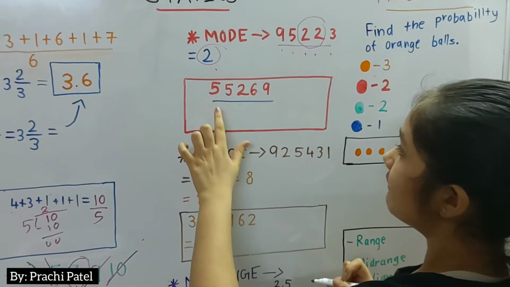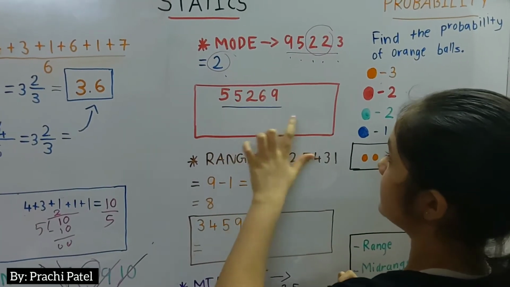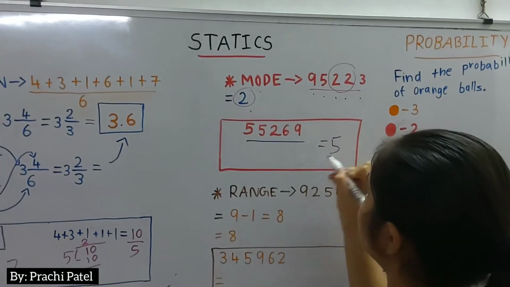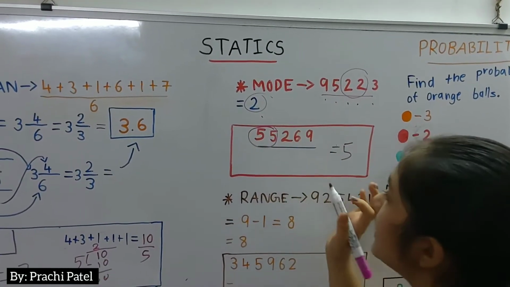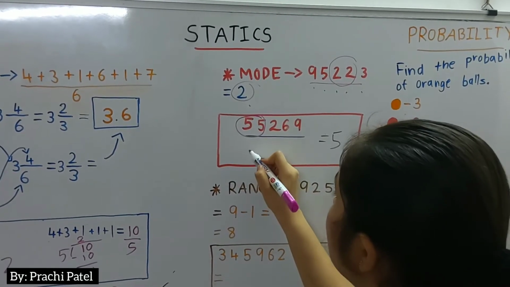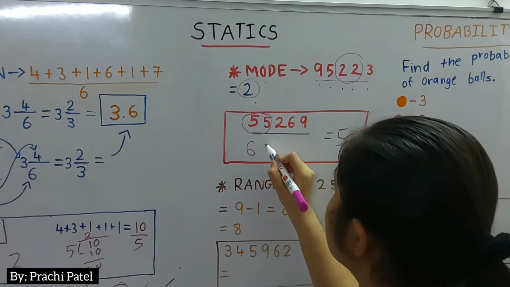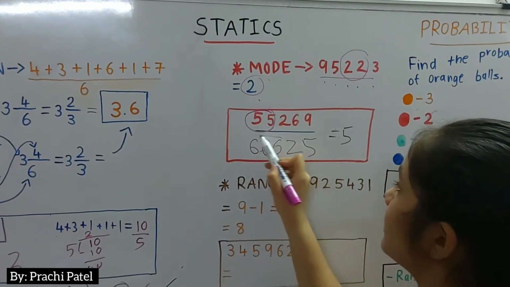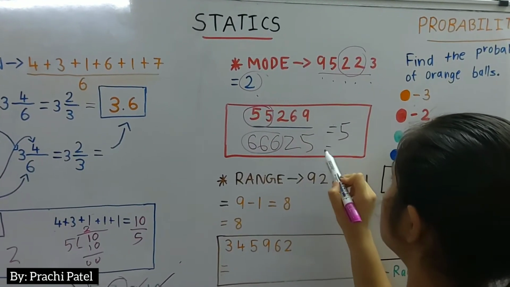Over here we have 5 5 2 6 9. In this number our mode is 5 because 5 is coming 2 times. It's not necessary that the number only comes 2 times. The question could also be like 6 6 6 2 5, where 6 is the mode.